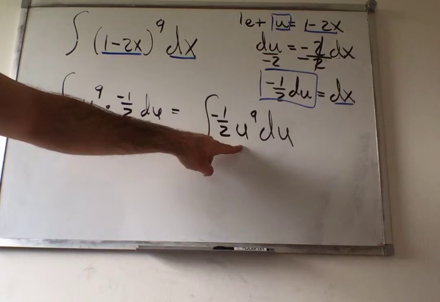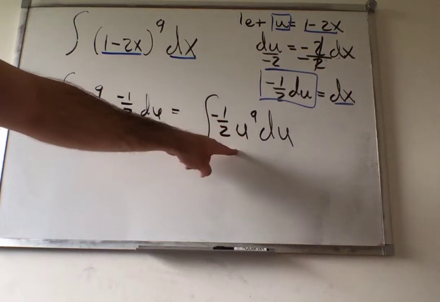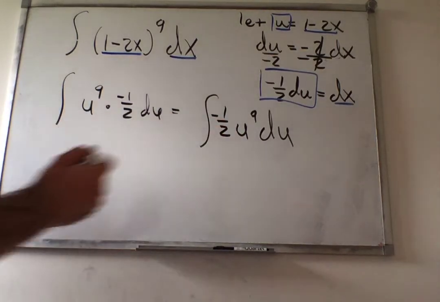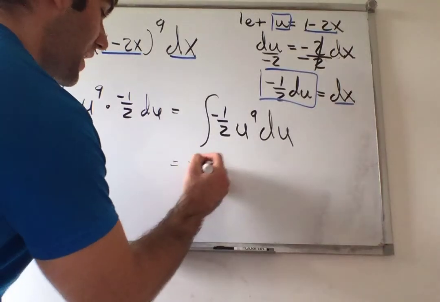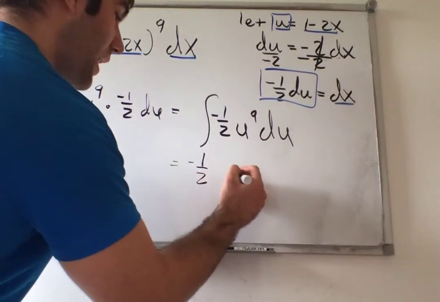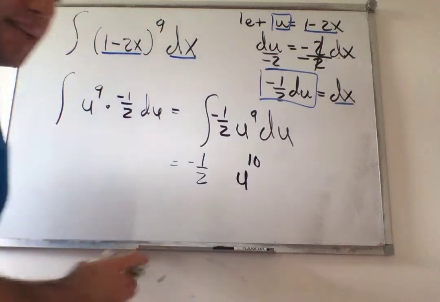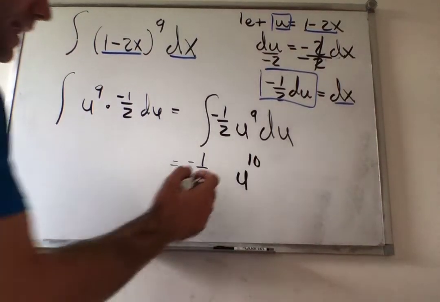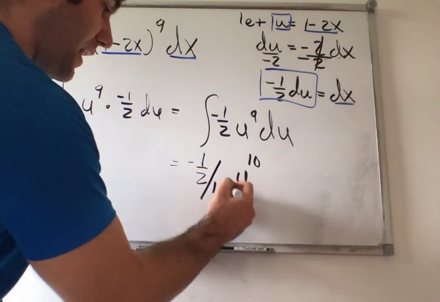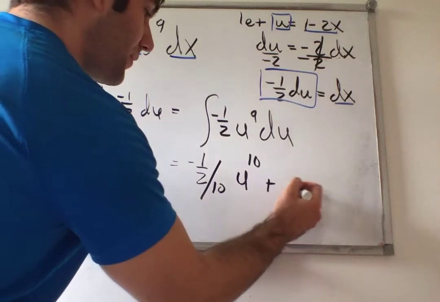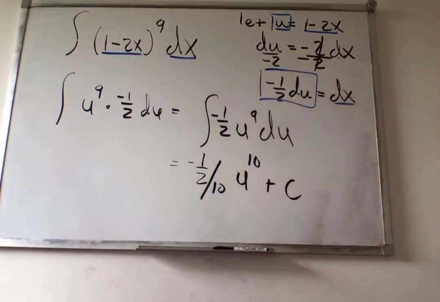Now, as you can see, this is very easily integratable. It's just undoing the power rule. So we got -1/2. I gotta go up 1 power to the 10th power. And then I gotta divide this coefficient by 10. And don't forget your plus c.